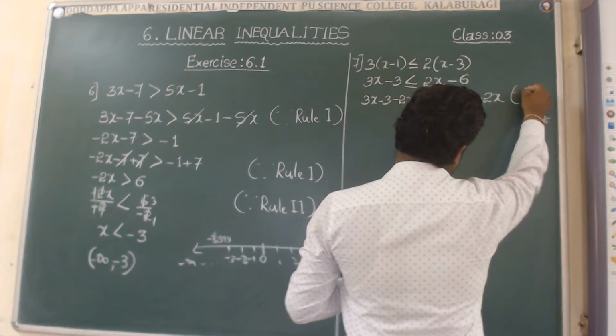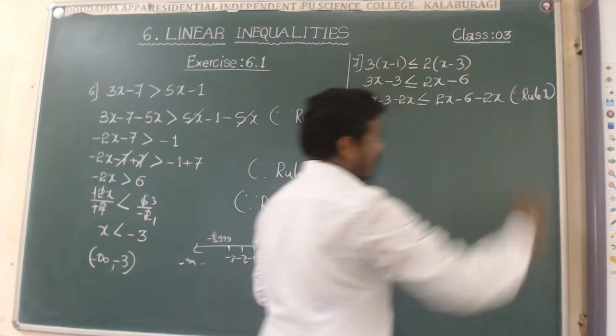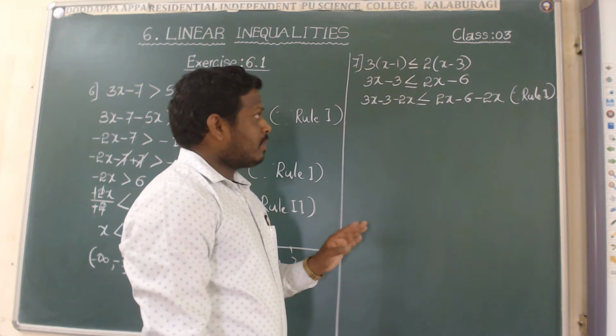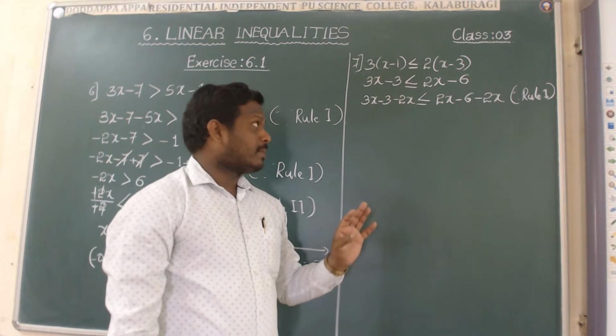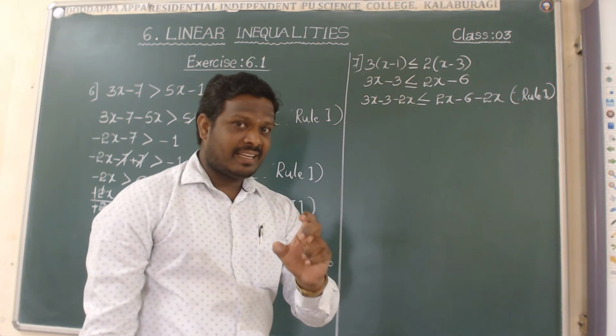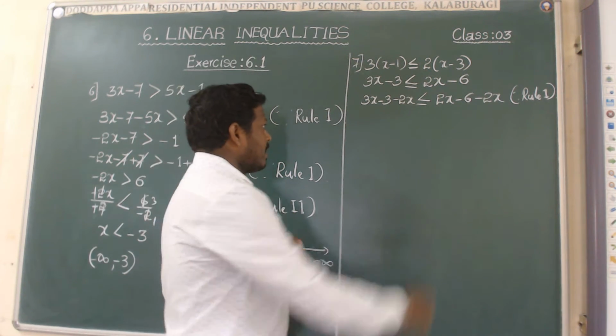By applying the first rule here, equal numbers may be added to or subtracted from both sides of the inequality without affecting the inequality symbol.